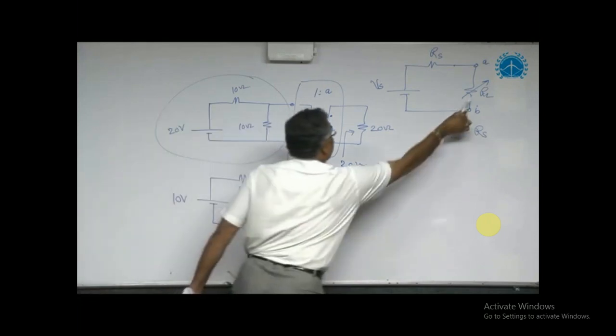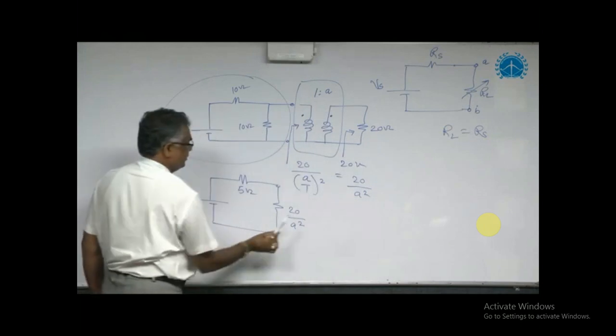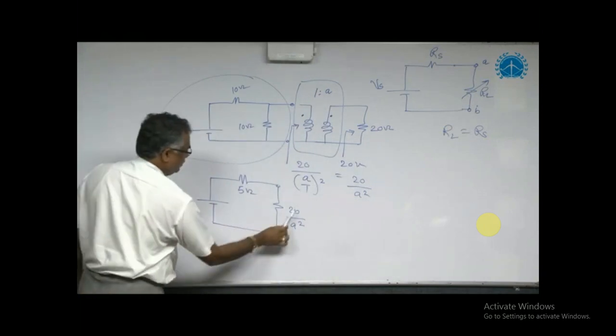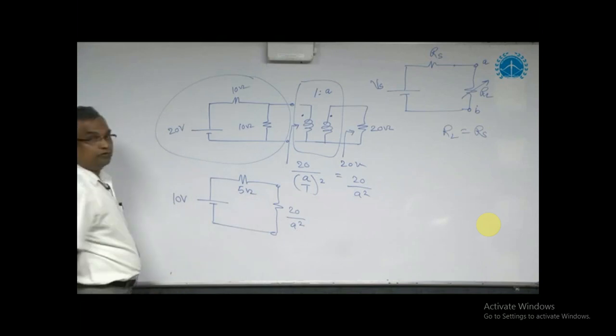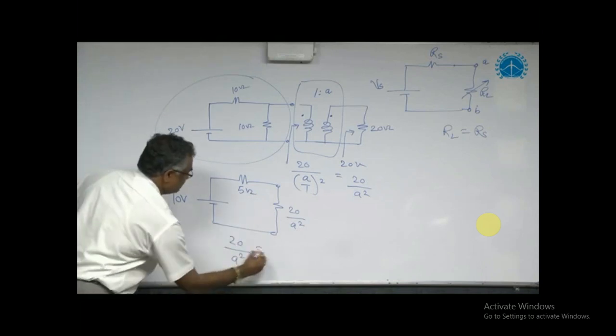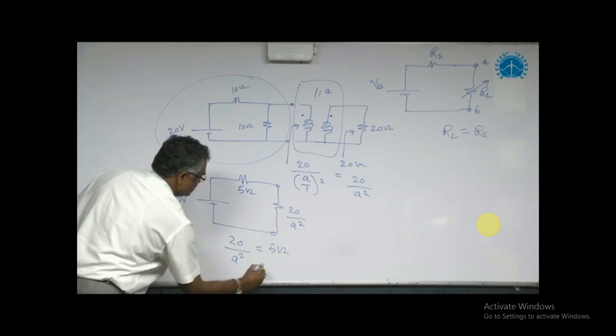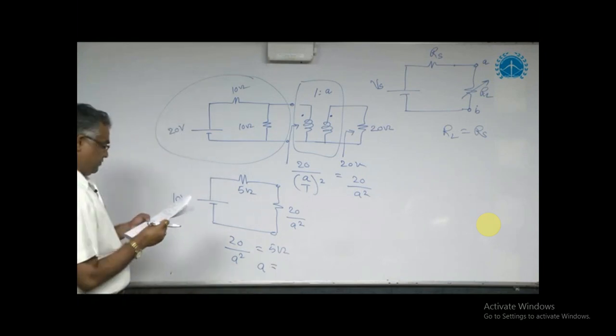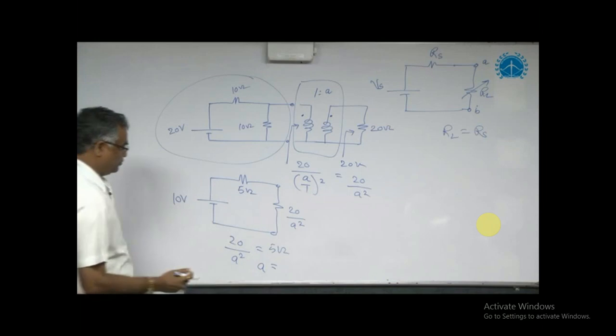In place of RL, now I got 20 by A square. To transfer the maximum power, 20 by A square should be equal to 5 ohm. So 20 by A square is equal to 5 ohm. Solve for A. You will get A equal to 2.